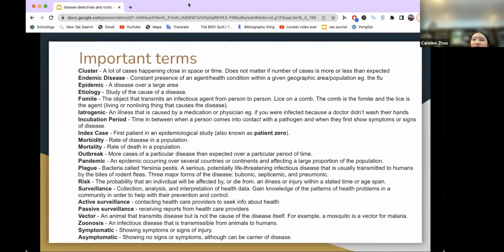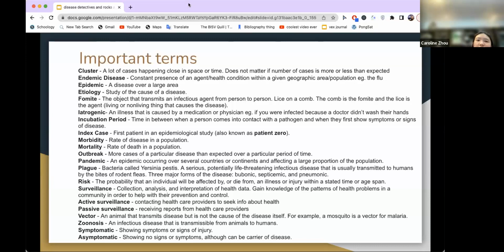For example, the flu, since it will probably never go away since it's changing all the time, so it's an endemic disease. An epidemic is a disease spanning a large area. For example, COVID started as an epidemic in just China, so it's in one country or a large area.